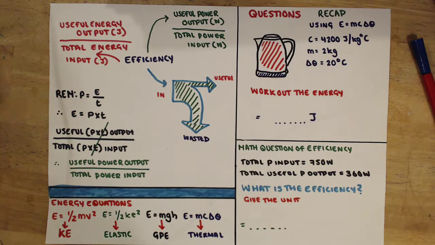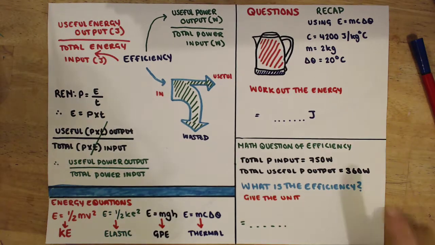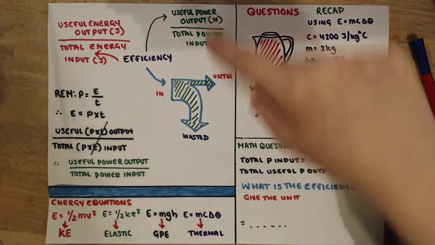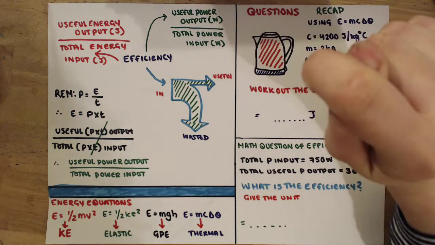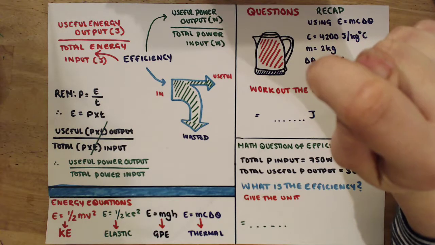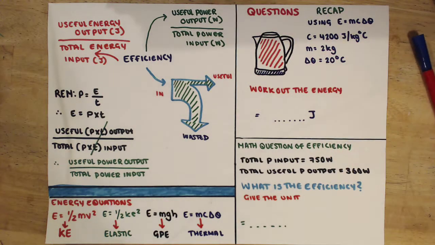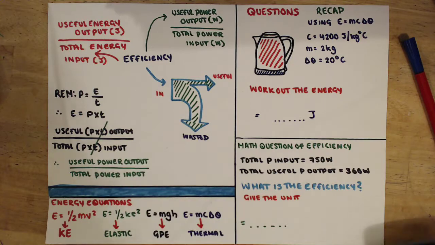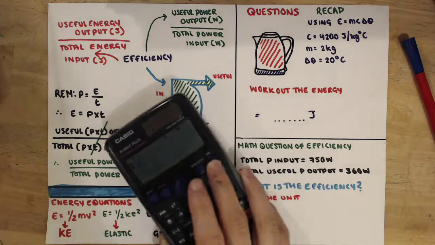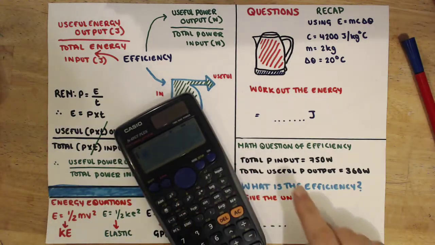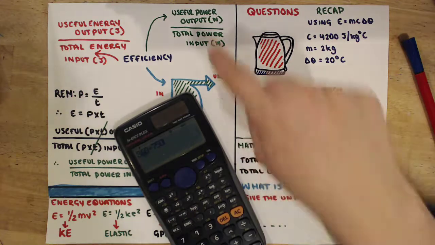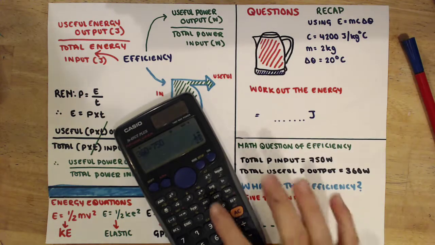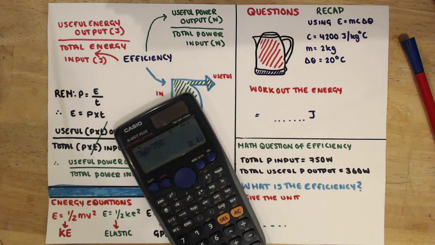Okay, hopefully you guys have managed to do that now. If we have our total power input, which would be 750, and our total useful power, we do 360 divided by 750 using this equation over here, and we have 0.48.